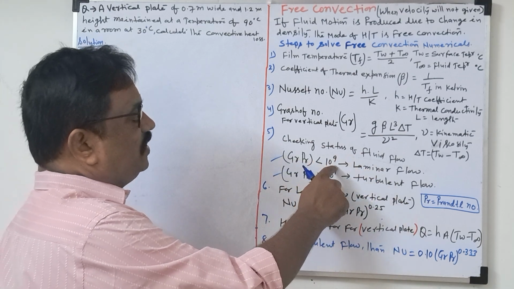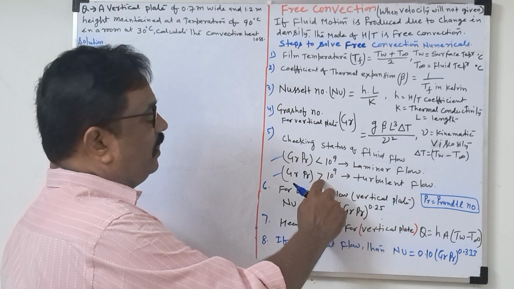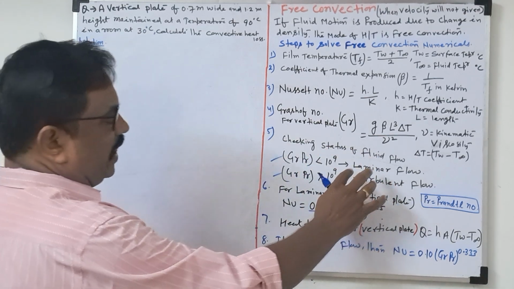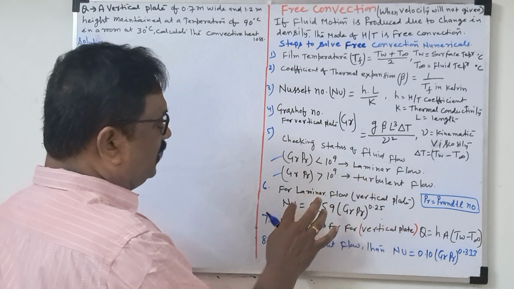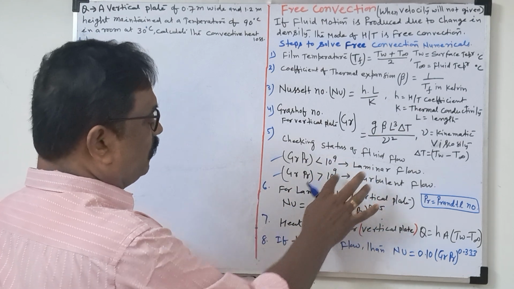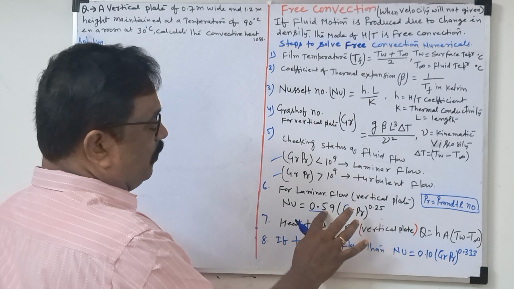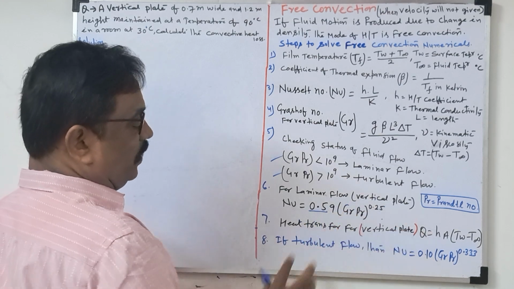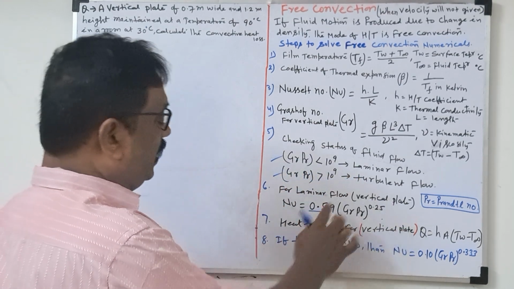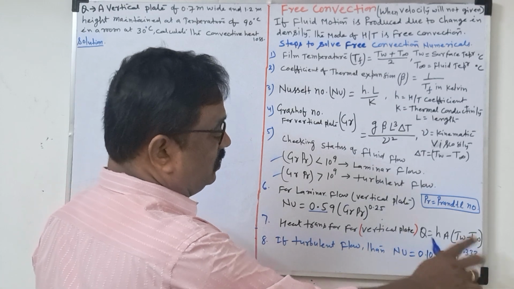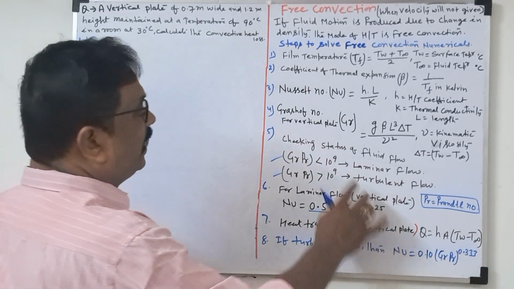If this is less than 10 power 9, it is laminar flow; greater than 10 power 9 will be turbulent flow. For laminar flow, Nusselt number is 0.59 (Gr Pr) to the power 0.25. If it is turbulent, then 0.10 (Gr Pr) to the power 0.33. Finally we get h.